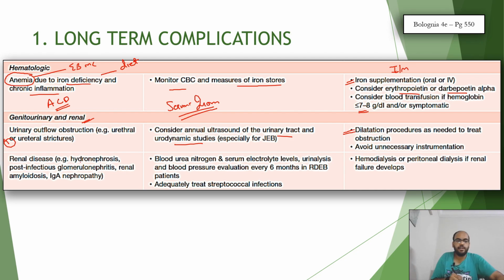Renal diseases like hydronephrosis, post-infectious glomerulonephritis, renal amyloidosis and IgA nephropathy should be considered. For that, you just have to measure KFTs, maybe annual KFTs, biannual KFTs, and you treat other infections and underlying causes. If the kidney is significantly damaged, you can consider hemodialysis or peritoneal dialysis if failure is imminent. Okay, so this is how you manage renal complications in long-term EB cases.